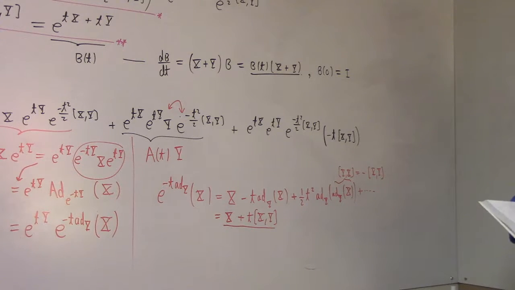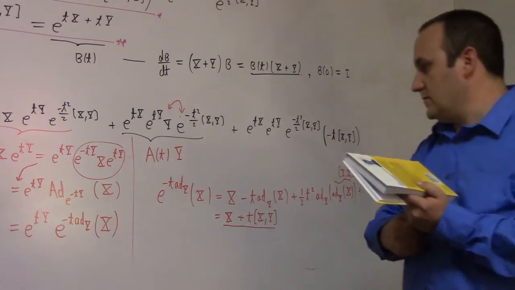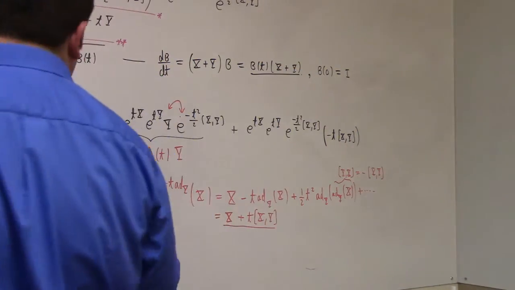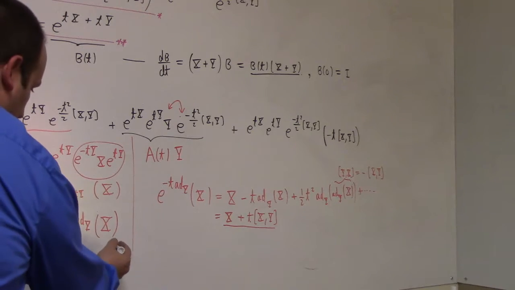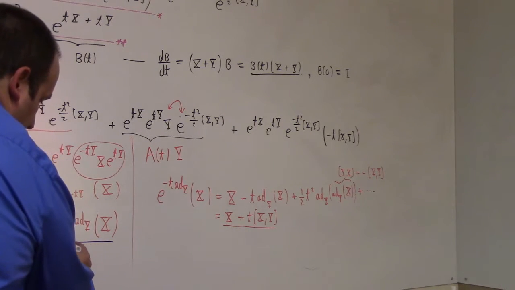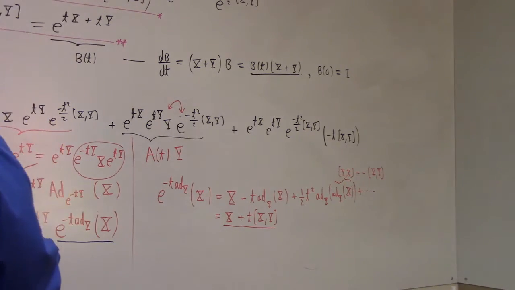And, all right, so then what? Then we can go back and simplify the term. Let me do it in a different color. The first term we can simplify as what? We've just shown that this is that, right?